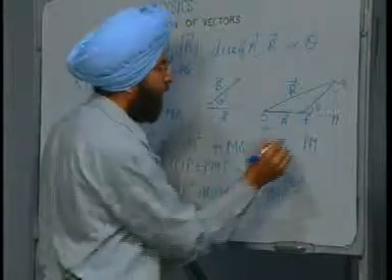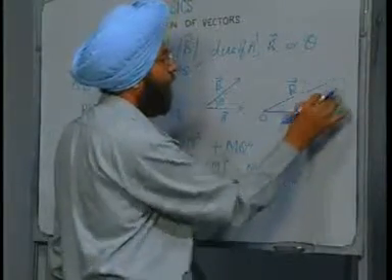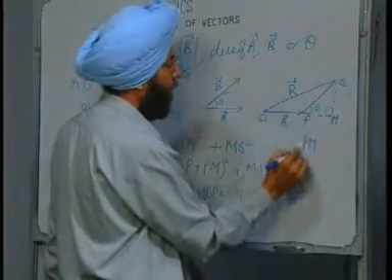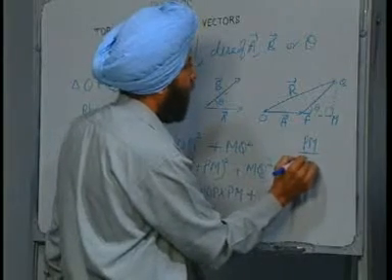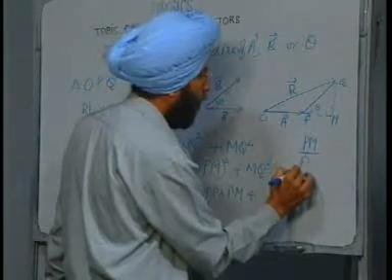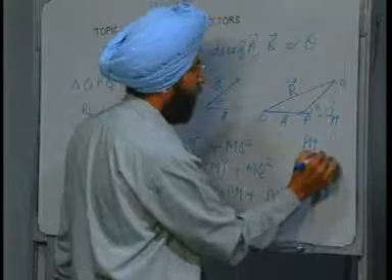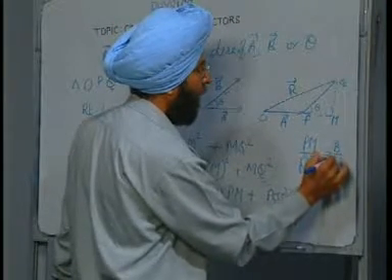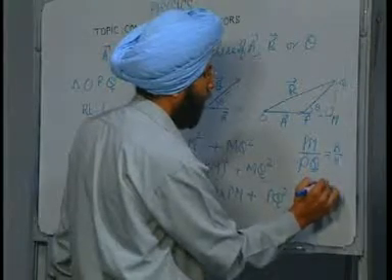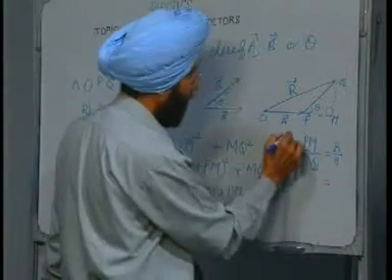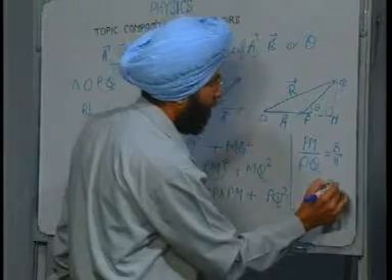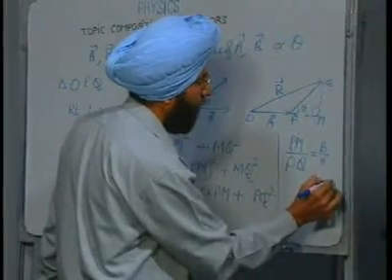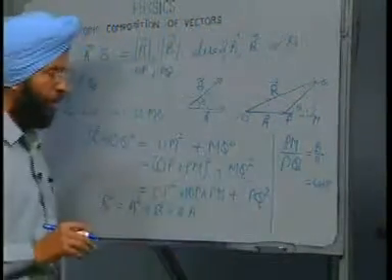PM is the base in this right angle triangle, PM over PQ, where PQ is the hypotenuse. So, we can write this as base over hypotenuse. Base over hypotenuse in a right angle triangle is cosine of the angle between them, cosine theta.